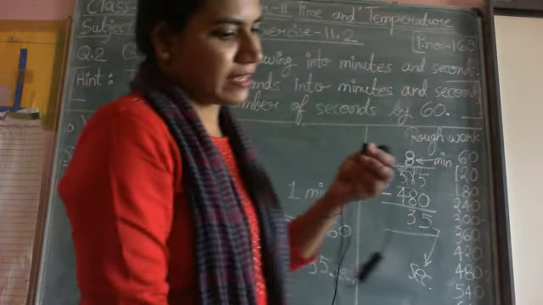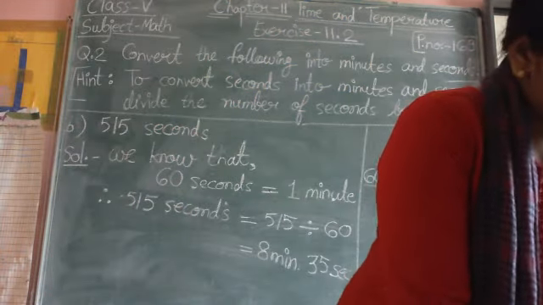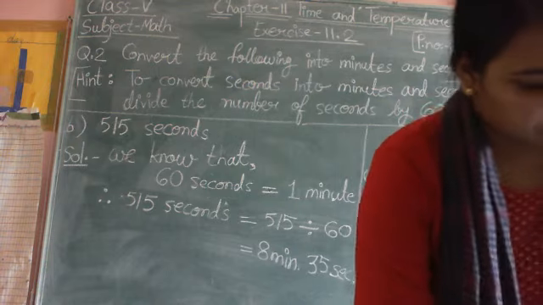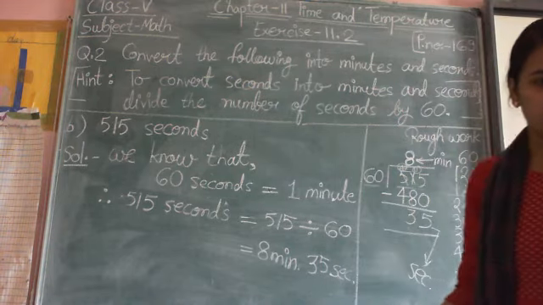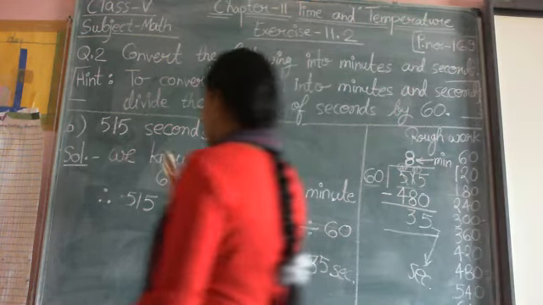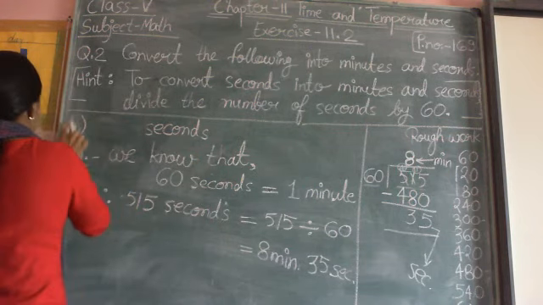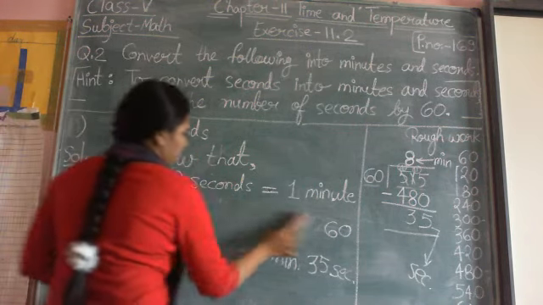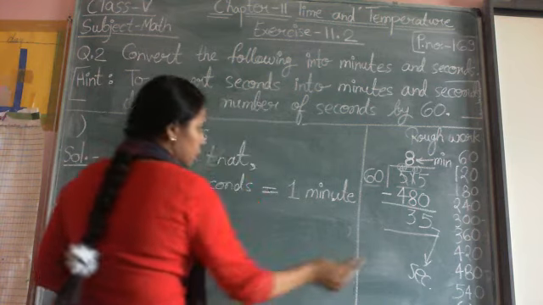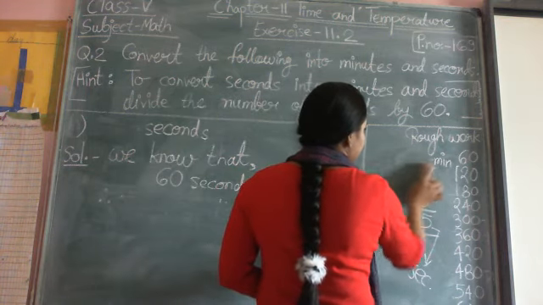Now we will solve the next question. Question number C, in which given seconds are 125. Now we will convert 125 seconds into minutes and seconds.